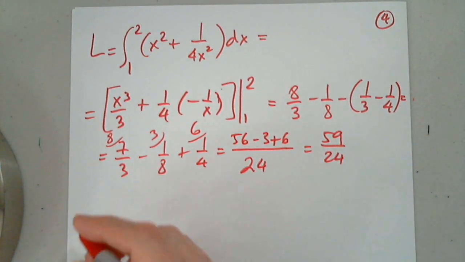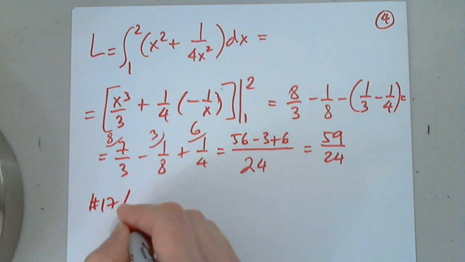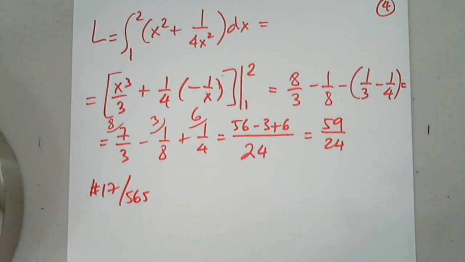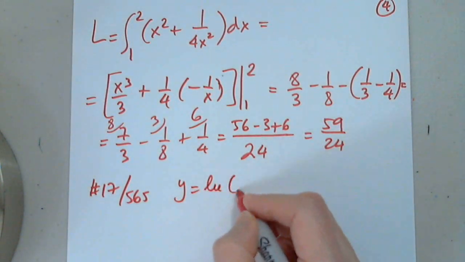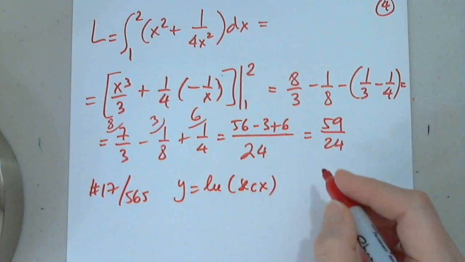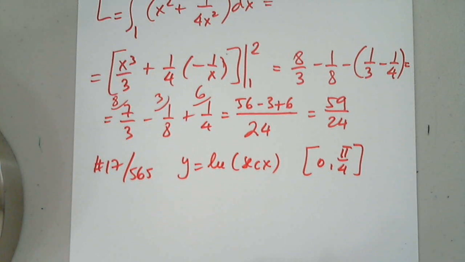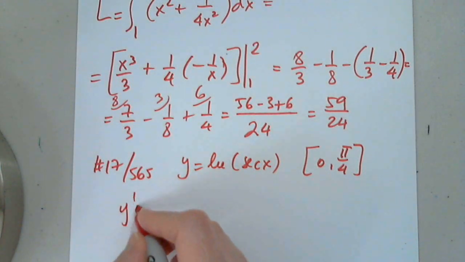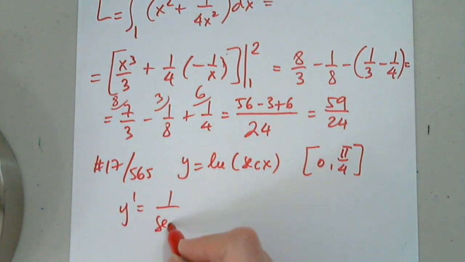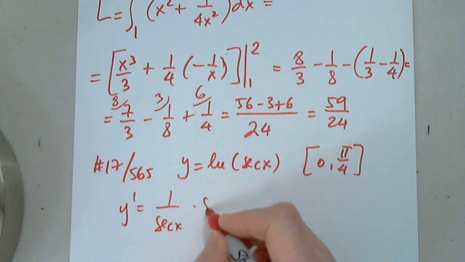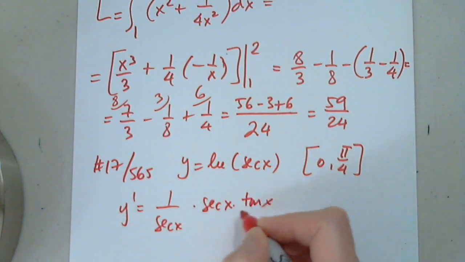Let's move on to 17 on 565. We are given y equals natural log of secant x on the interval 0 to pi over 4. Good. This is a nice one. Y prime is 1 over secant x times the inner function's derivative, secant x tangent x.